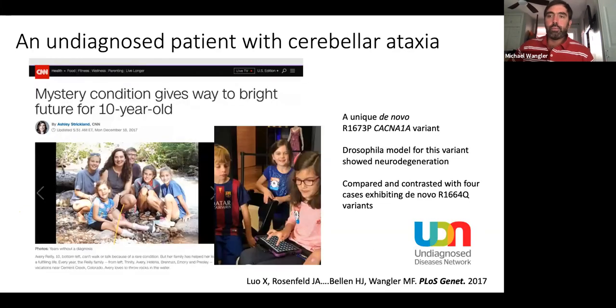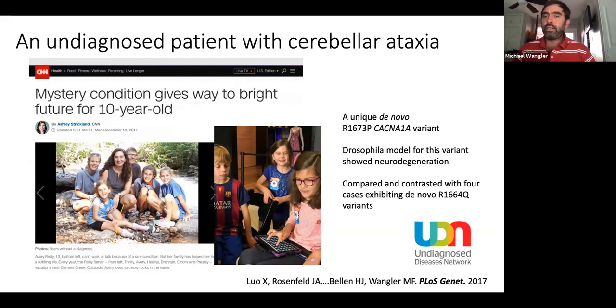So one of the arginine substitutions that I got really interested in was an undiagnosed patient shown here, and she had a cerebellar ataxia. And actually what we found is that she had a unique de novo change, arginine 1673 to proline in CACNA1A.